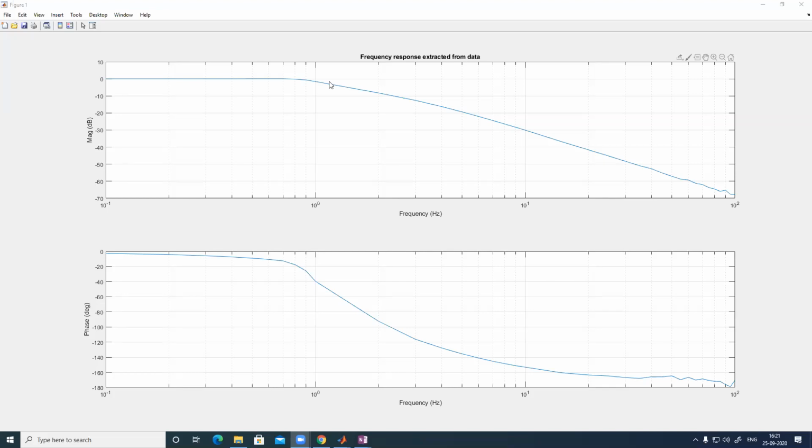No, sir, I'm getting the same type of graph after making the change.